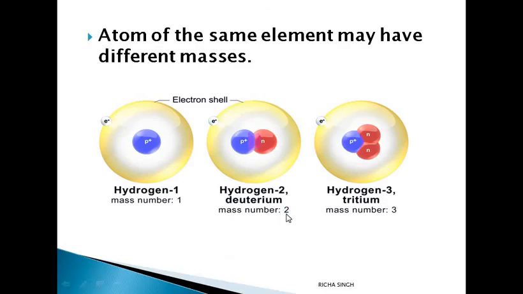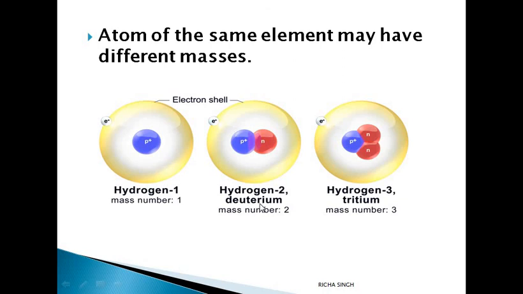The second drawback was that atoms of the same element have different masses. It is possible that atoms of the same element may have different mass numbers. You can see here hydrogen 1, hydrogen 2 and hydrogen 3. Here hydrogen has just one proton, one positive charge, therefore the mass number is 1. But here it has one proton and one neutron, therefore it has mass number 2.